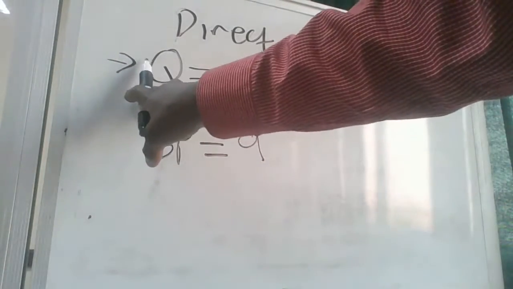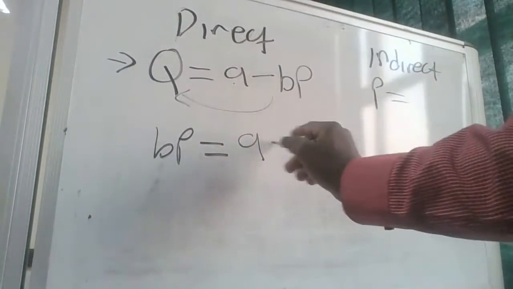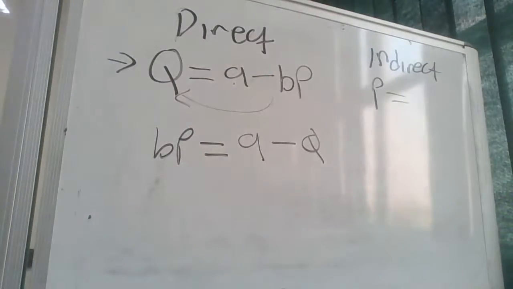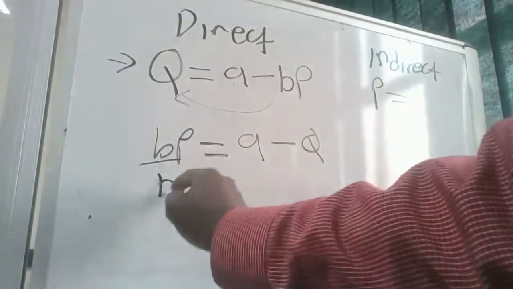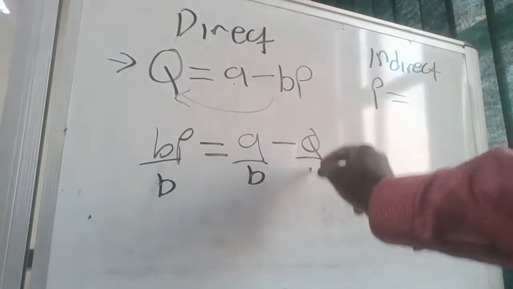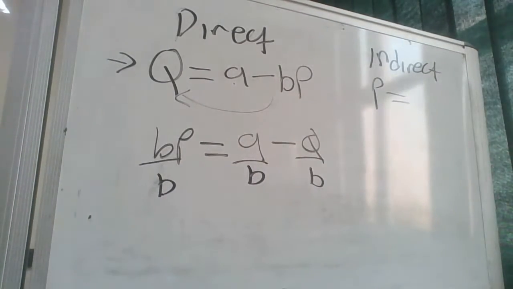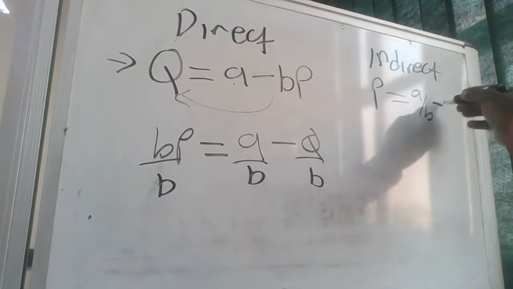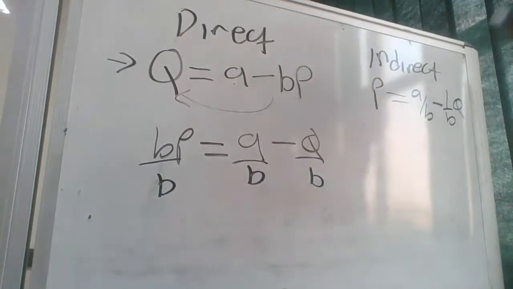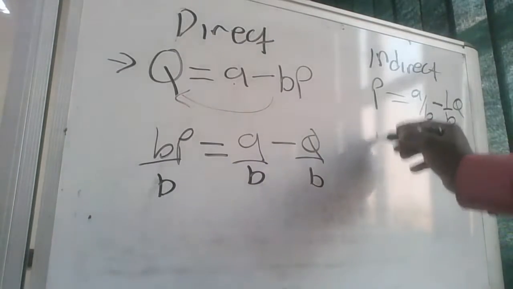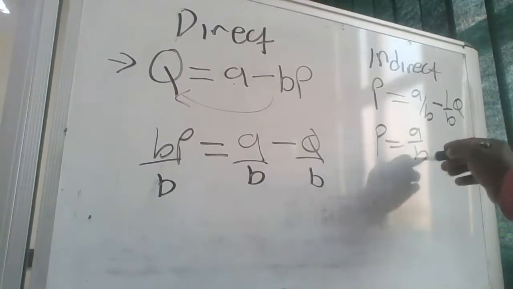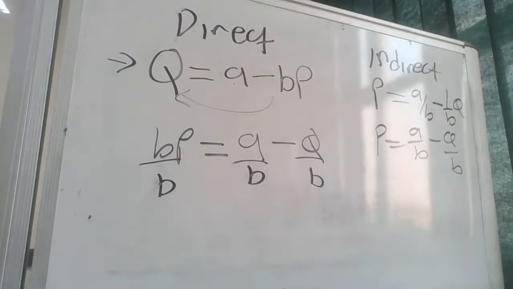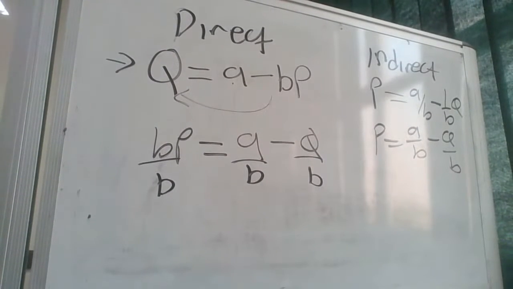Now Q here is positive, so when it crosses the equal sign, it will become negative Q. And then we divide through by B. So our inverse demand function will be A over B minus 1 over B Q. Or you can write it as P is equal to A over B minus Q over B. This becomes our inverse demand function. Is it clear? Or are there questions?